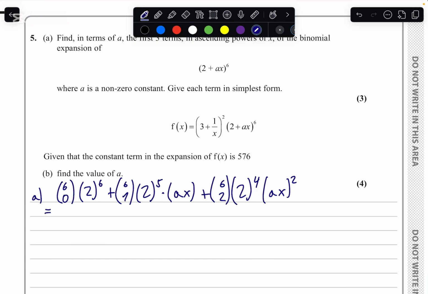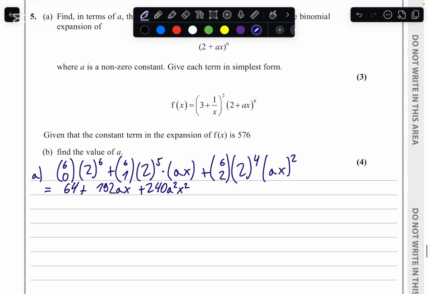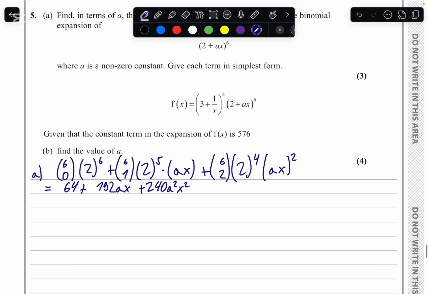That gives an answer of 64 plus 192ax plus 240a squared x squared.